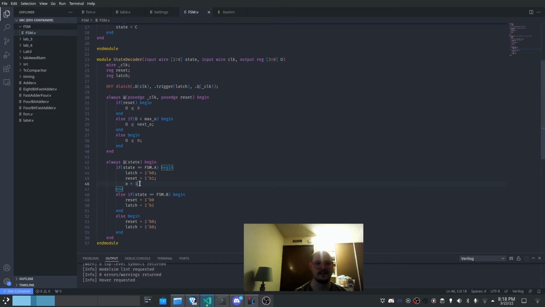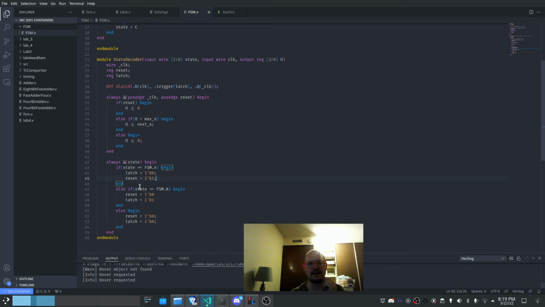I cannot drive it in this block also. So what I'm trying to do is find a way to separate out my considerations such that I don't have to have everything in one giant always block, and I can break the code up a little bit. It makes it easier to reason about.